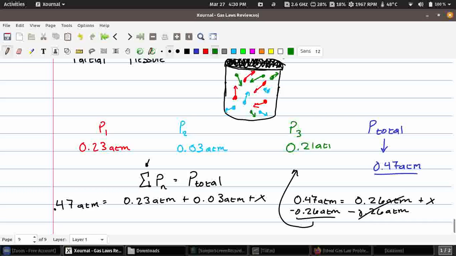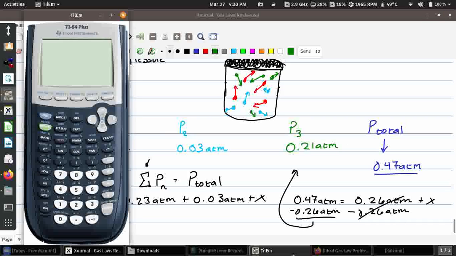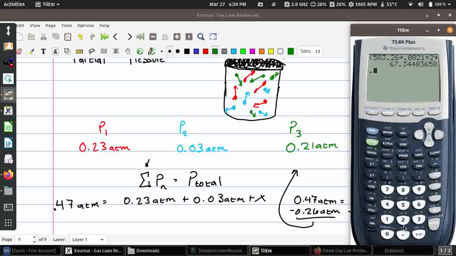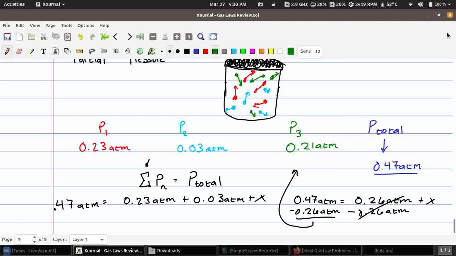And if you add all three of these up, it should give you 0.47. Let me just double check, because I did all this in my head. So 0.21 plus 0.23 plus 0.03. Yeah, all right.